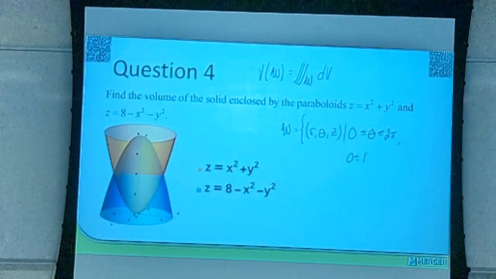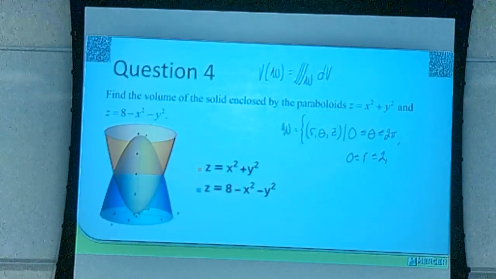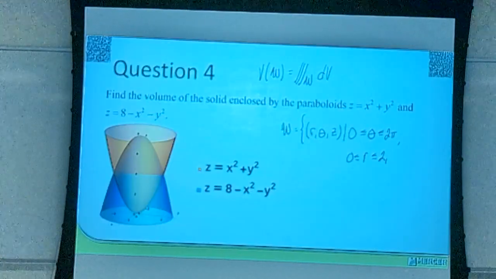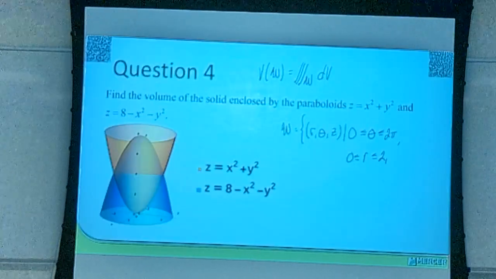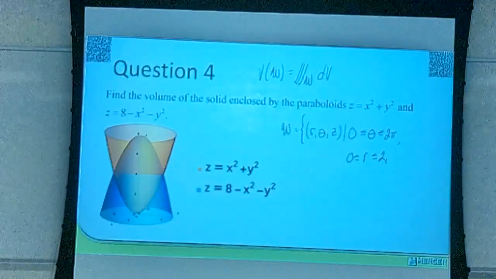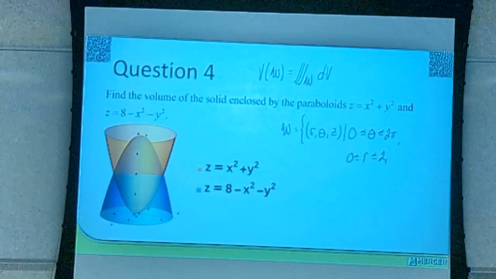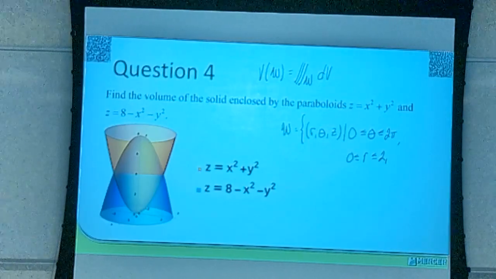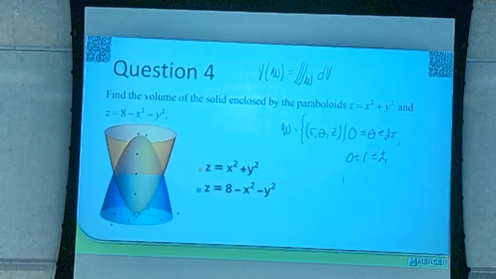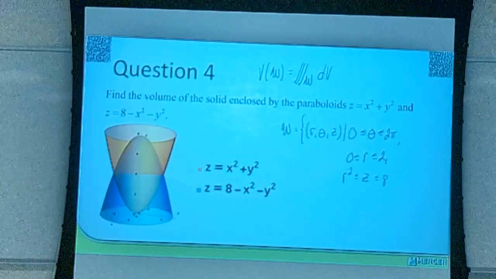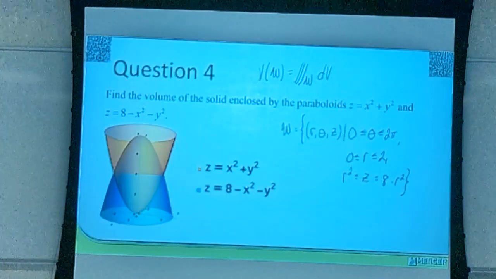And now what about z? It's R squared to 8. There is your region.